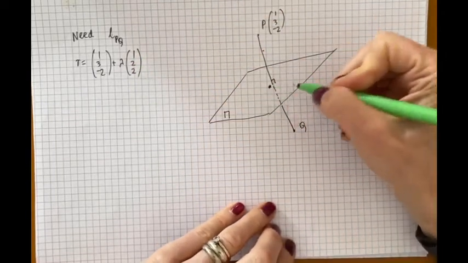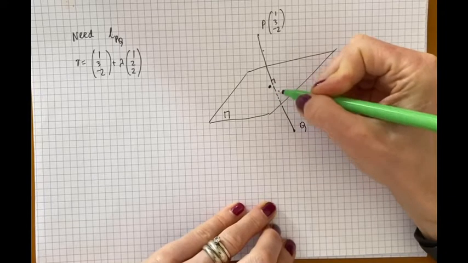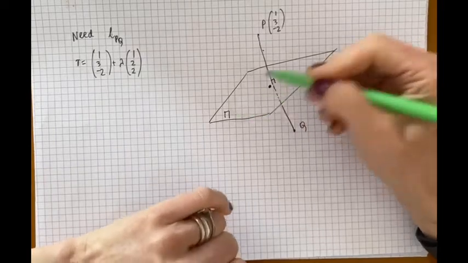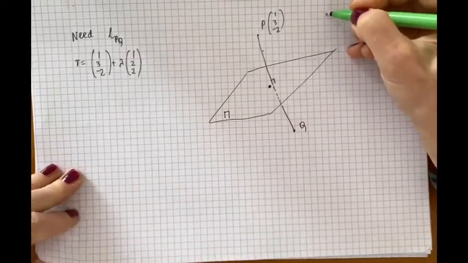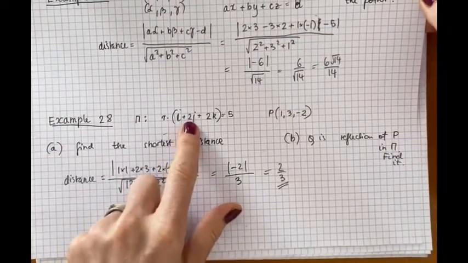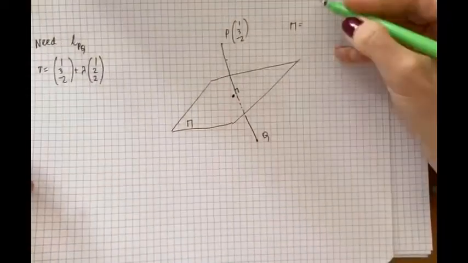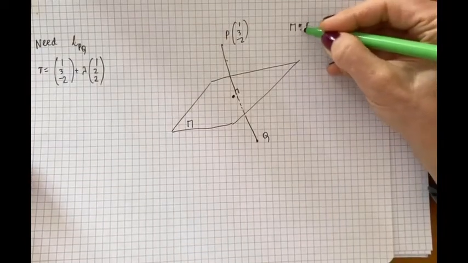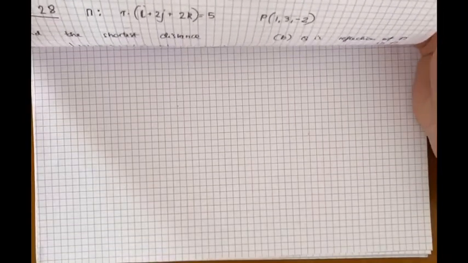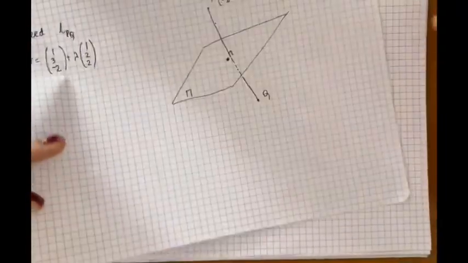I know that this point here is on that normal line, that line LPQ, and also on pi. Let me just write pi. Pi was r dotted with 1, 2, 2 equals 5.